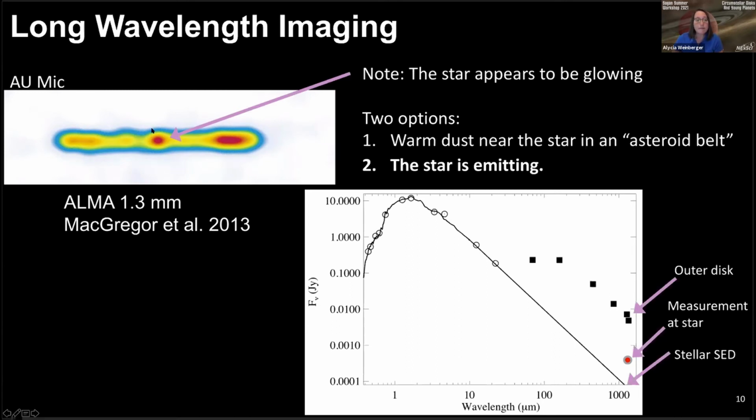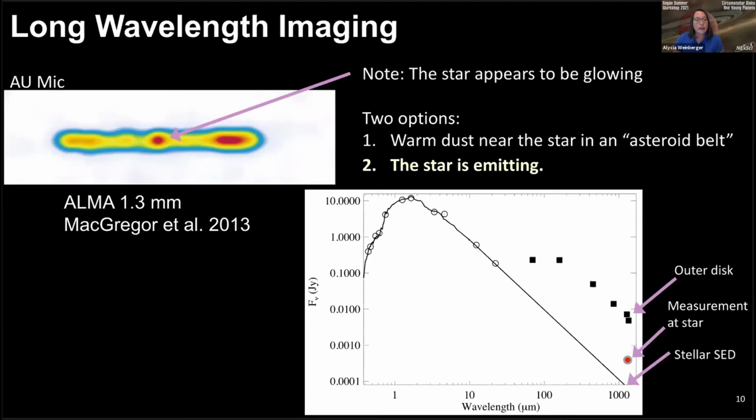It might be from warm dust near the star in an asteroid belt. But as is actually the case for AU Mic, it really is the star. The star is emitting millimeter radiation, not from its steady state photosphere, but from stellar flares. And this is a particular problem for these late type M stars, low mass stars, which flare throughout their lifetimes. So that's one confounding factor if you're actually using infrared emission to find a disk.